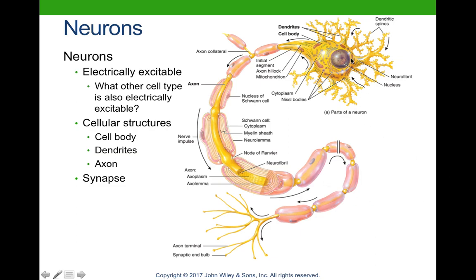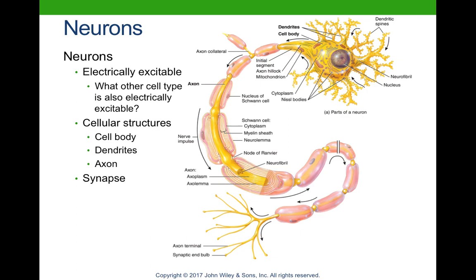The cell body contains a nucleus, lysosomes, mitochondria, a Golgi complex, cytoplasmic inclusions such as lipofuscin, chromatophilic substances, and neurofibrils. Many of the same things you find in a normal cell. There are chromatophilic substances known as Nissl bodies that are orderly arranged as the rough endoplasmic reticulum. And there are neurofibrils that form the cytoskeleton.